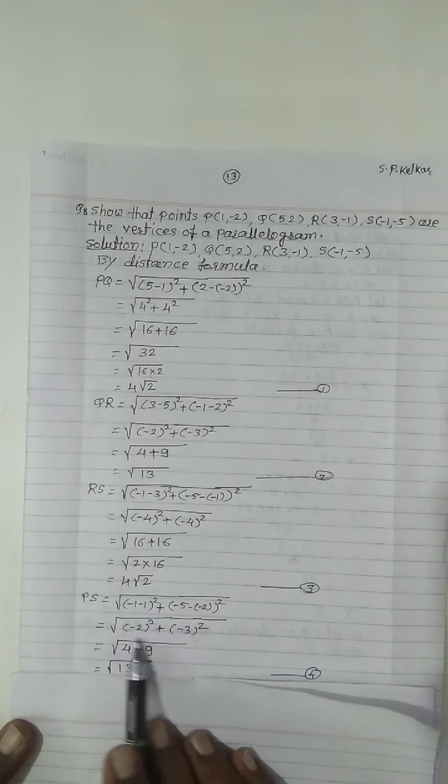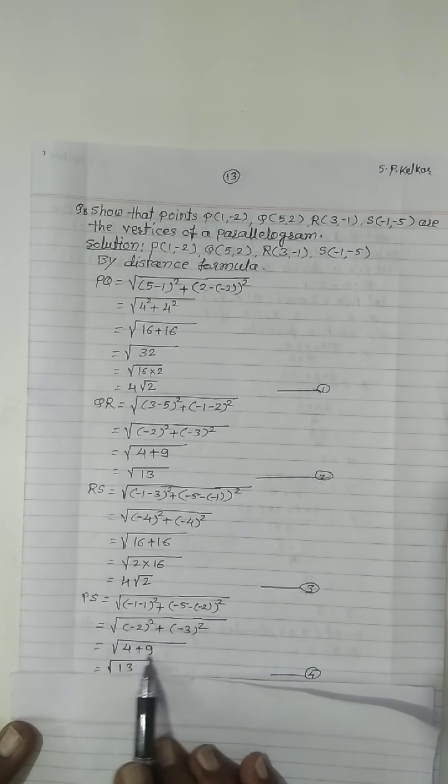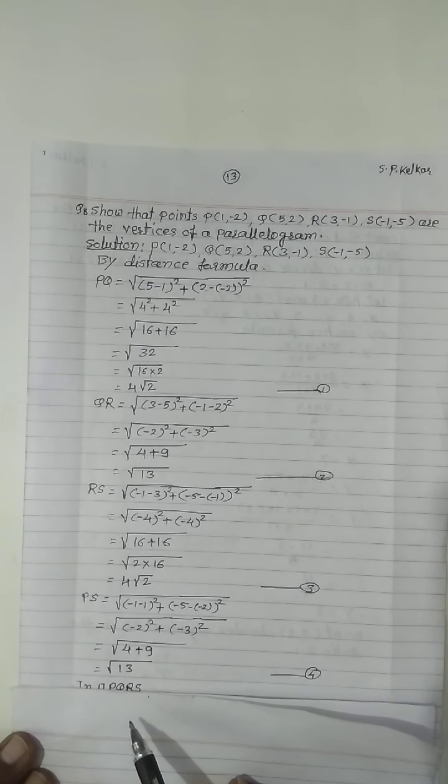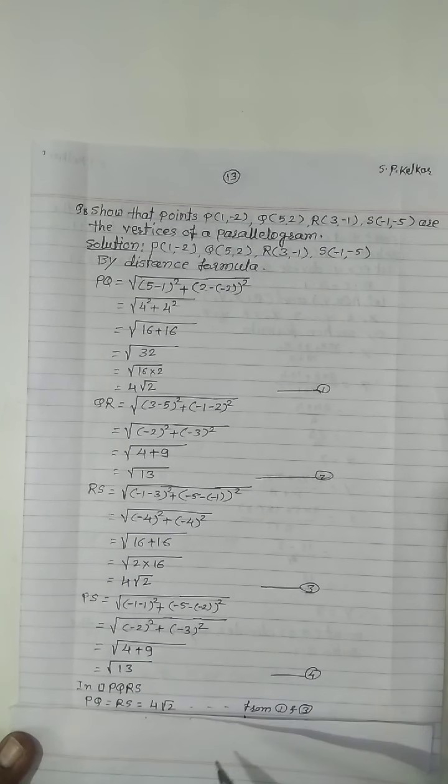The square root of 4 plus 9, the sum of these two, is root 13. In this way we find the value of PS.